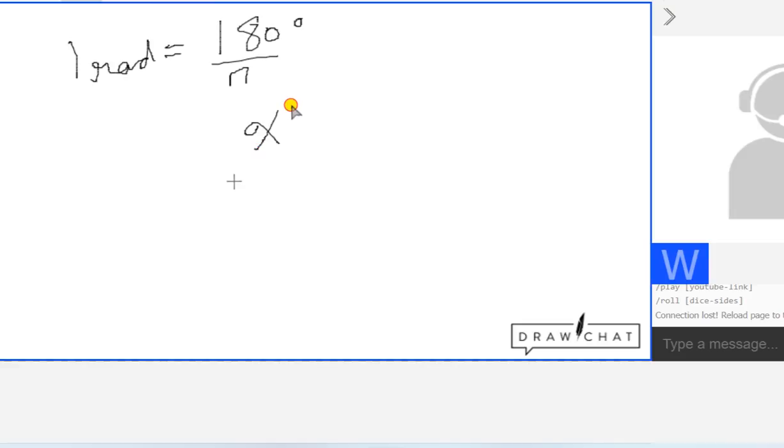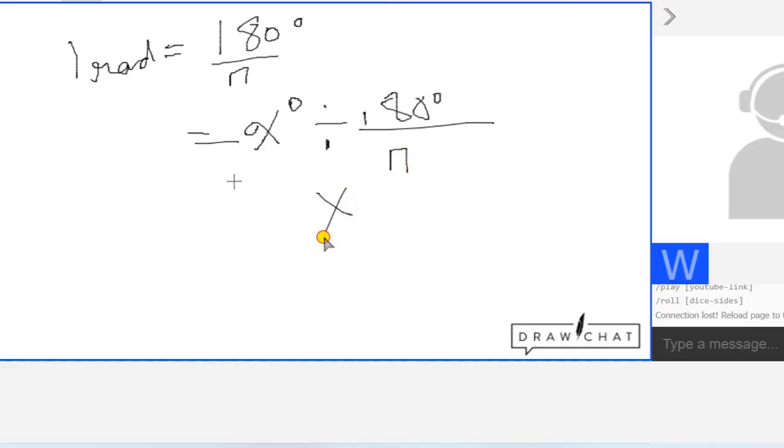We have to divide that with 180 by pi degrees.